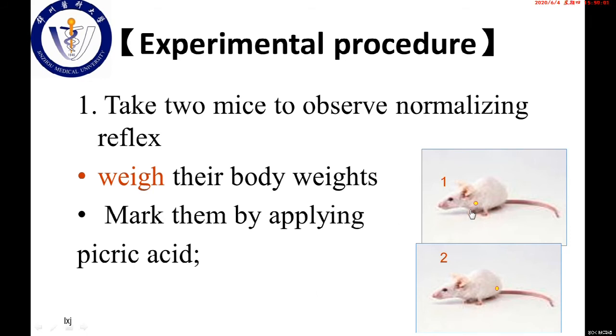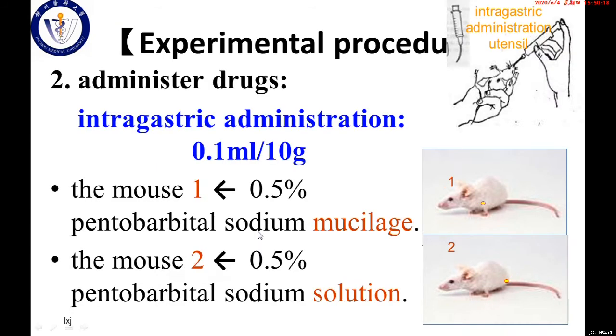For example, you can make a yellow point here. This is number 1. And you can apply 1 yellow point here. This is number 2. Number 1 and number 2 should be administered different dosage forms of pentobarbital.